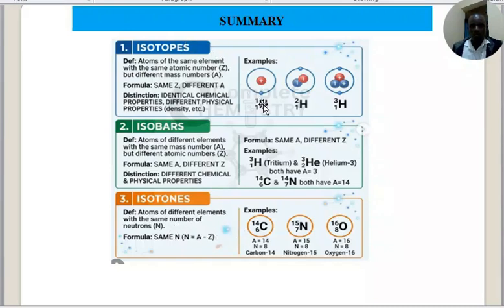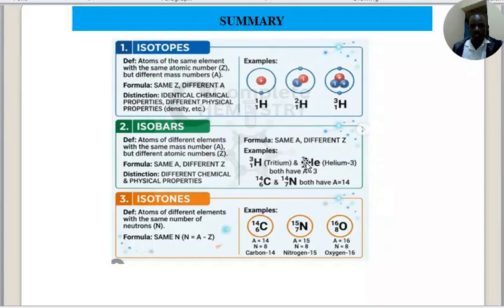For isotopes, we can talk of hydrogen 1, hydrogen 2, and hydrogen 3, which have different mass number, but you find that the atomic number is 1 all through. The mass number keeps on changing from 1 to 3. Then at the same time, we can also talk of tritium, that is hydrogen 3, and also helium 3.